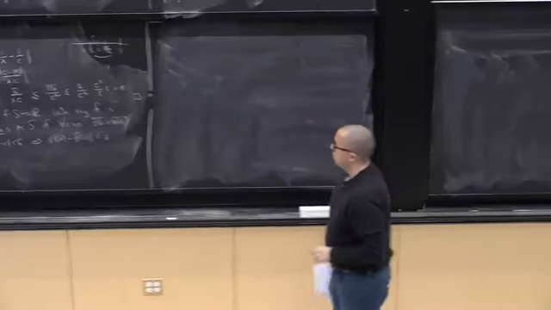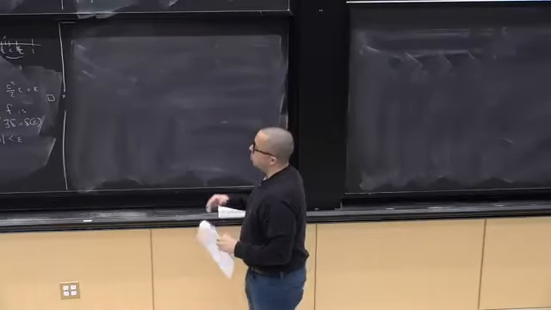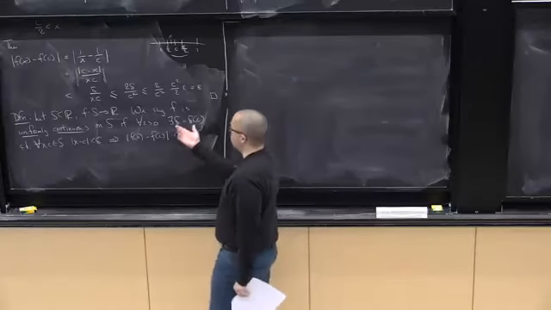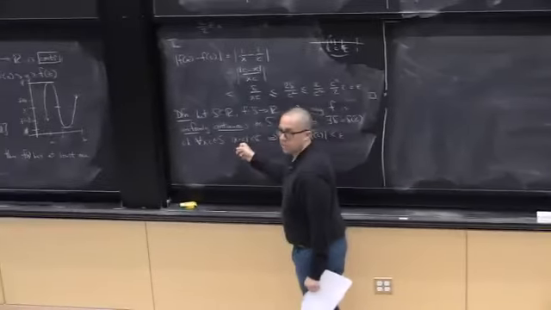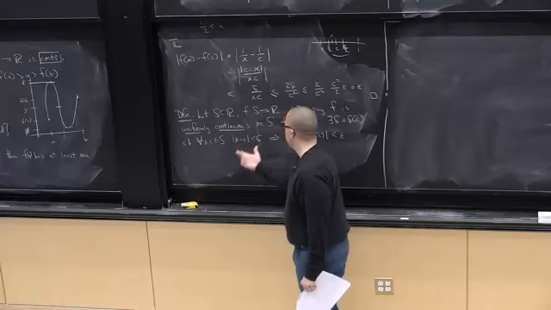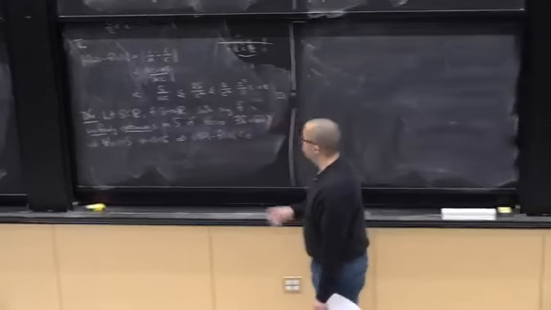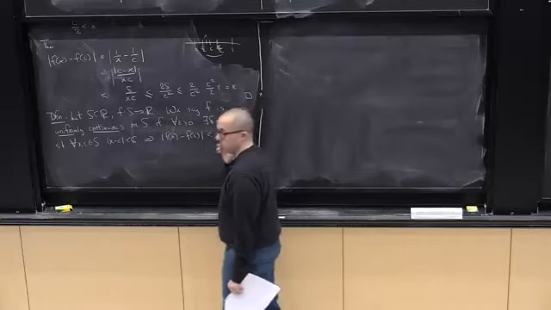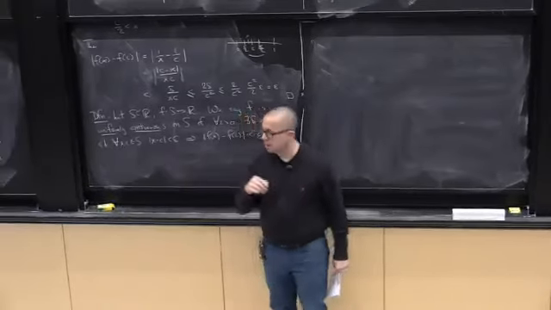A function being continuous means that for all epsilon you can find a delta depending on c, so that if I have this, then I have this. Uniform continuity says you can find a delta that works across the board.